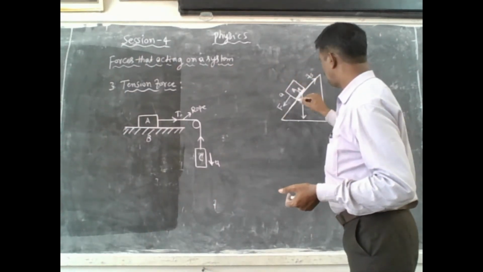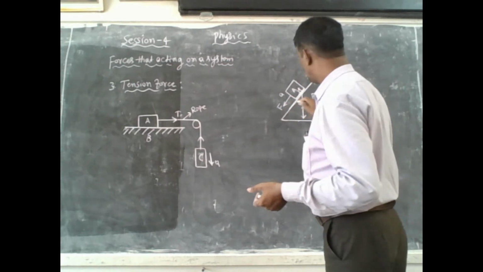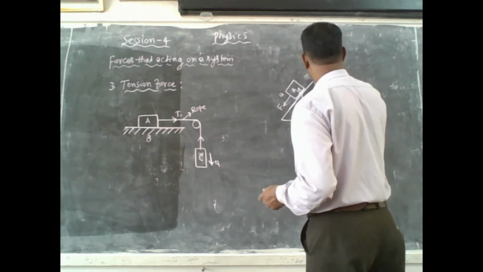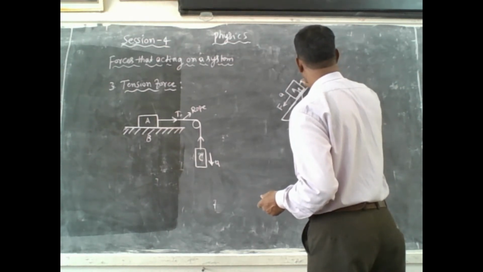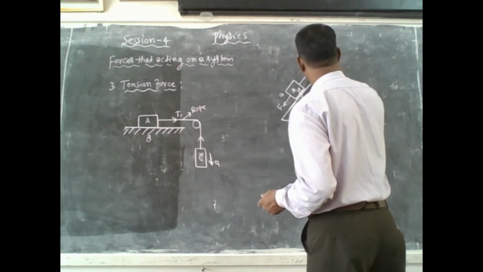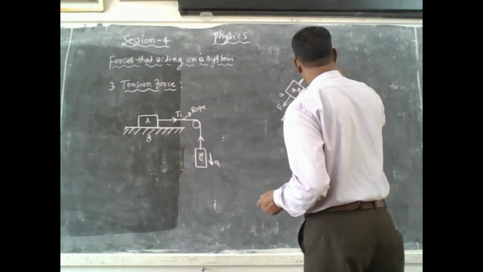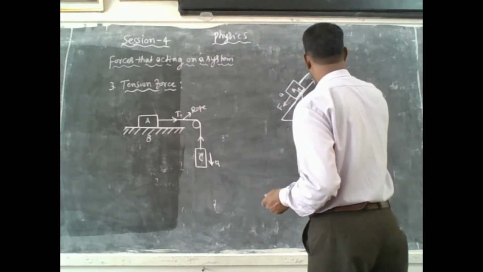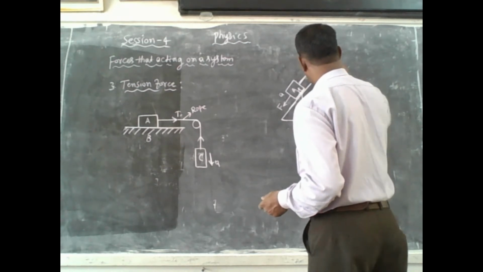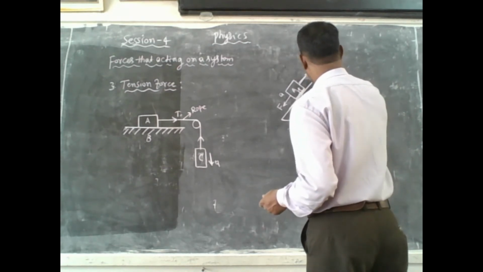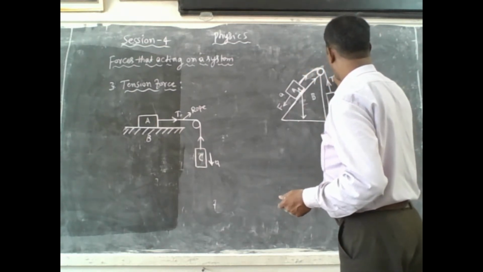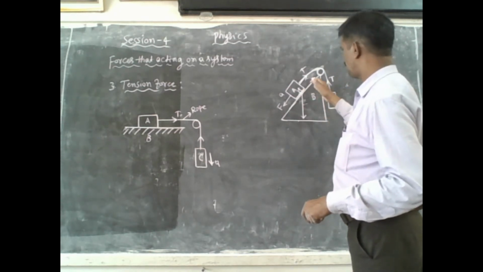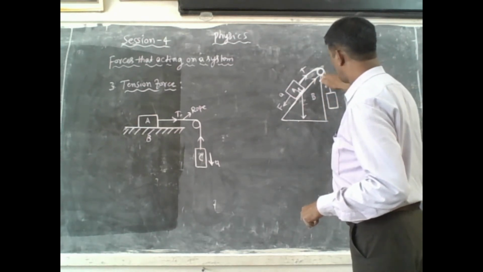Suppose a body passes over a pulley on an inclined plane, and therefore the tension develops on both sides of the rope of the pulley.